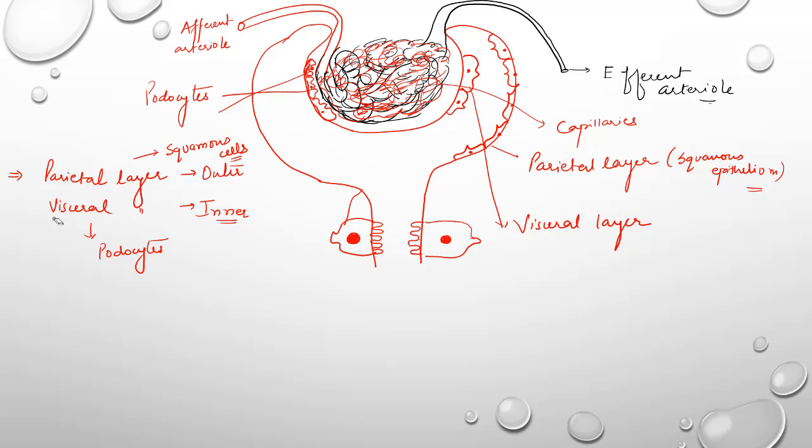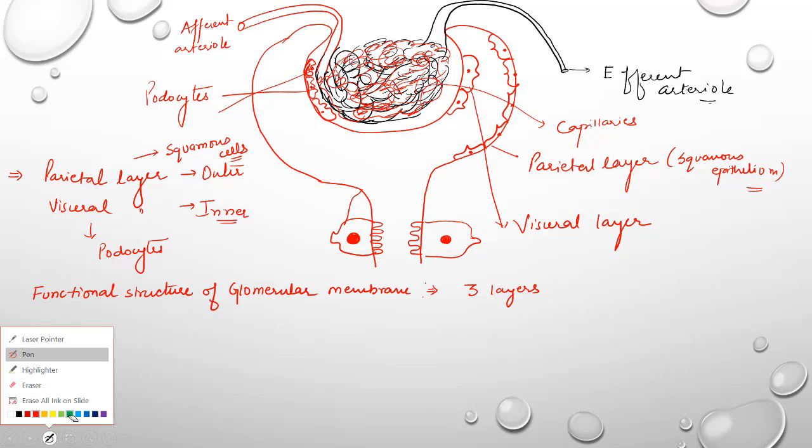When we talk about the functional structure of the glomerular membrane, it basically consists of three layers.